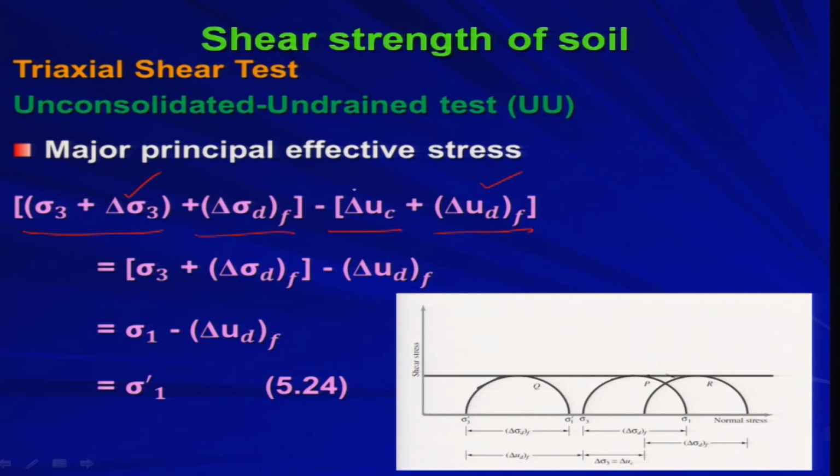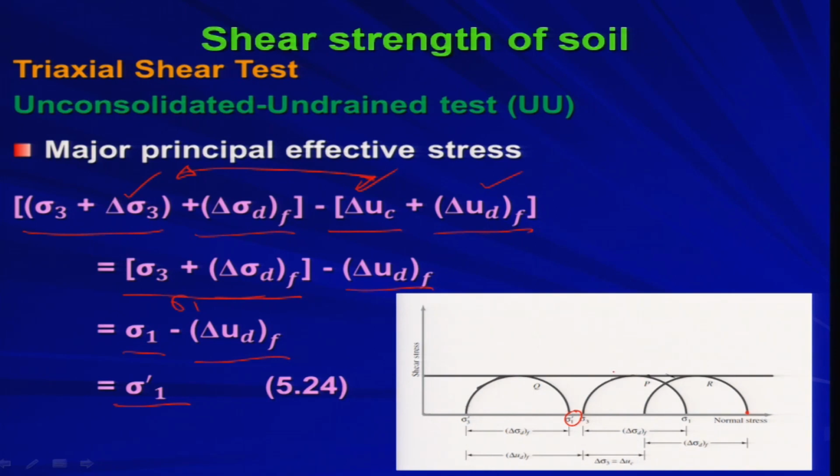Again, these two are the same. So, sigma 3 plus delta sigma 3 plus sigma dF is your sigma 1, and sigma 1 minus delta UDF is nothing but sigma 1 prime. So now our effective major principal stress is sigma 1 prime.